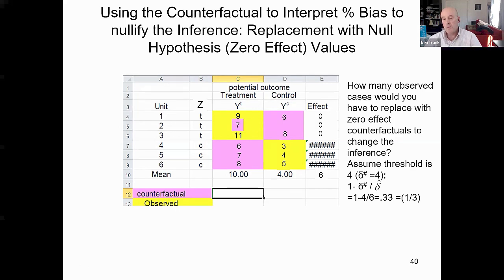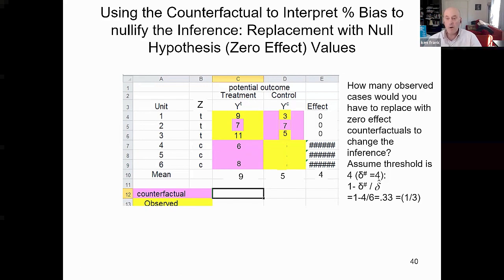If we replace one case, the mean here is now 9. Treatment effect has gone down to 5. If we replace the second case and use those data then to approximate the counterfactual up here, the new mean up here would be 5, the mean here would be 9, and our difference would be 4. So if we replace 2 out of 6 of the observed yellow cases with counterfactual cases for which there's no treatment effect, our new estimate would be 4 instead of 6.